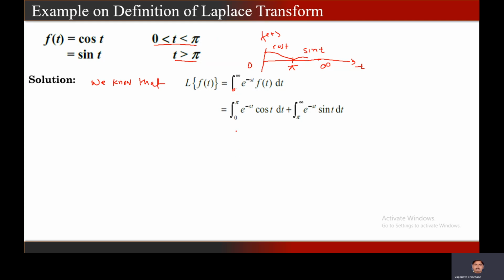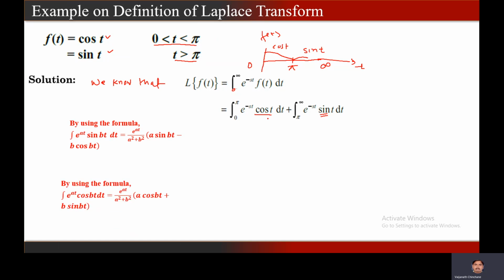When your function lies between 0 to pi, the value of the function is cos t. When it lies between pi to infinity, the value of the function is sin t. Now our aim is only to evaluate these two integrations, but we can't evaluate them directly, so we require these two formulae.